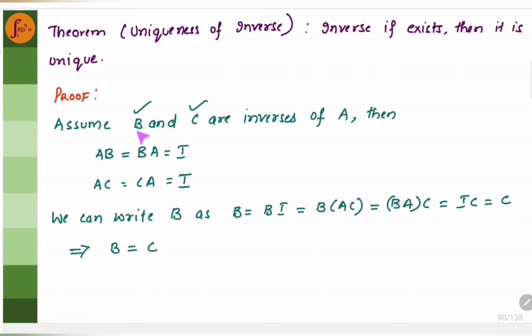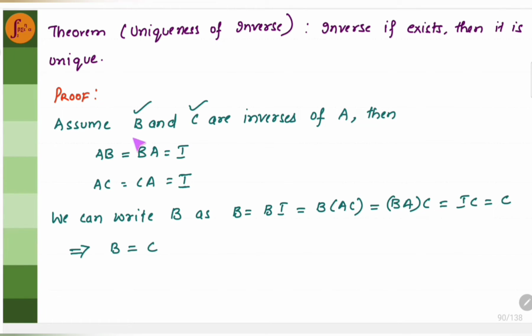Since matrix B is an inverse of A, by its property, AB is equal to BA is equal to I. This is the property that we just learned, right? If you need to call a matrix an inverse, then when you multiply the inverse matrix and the original matrix, the result should be an identity matrix.